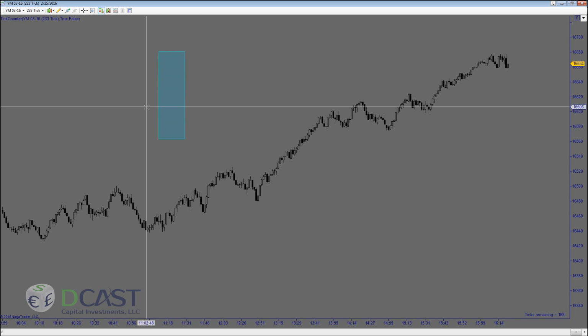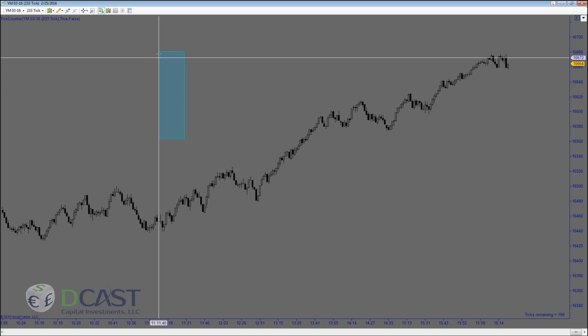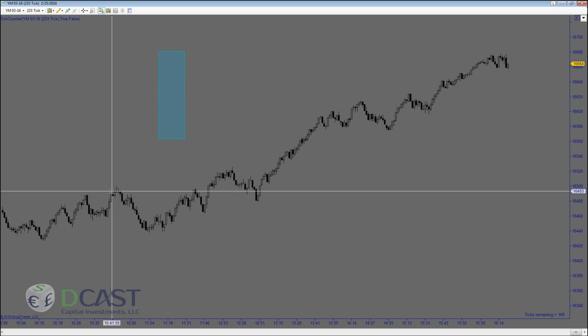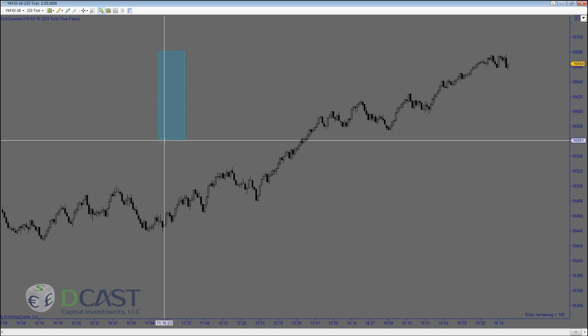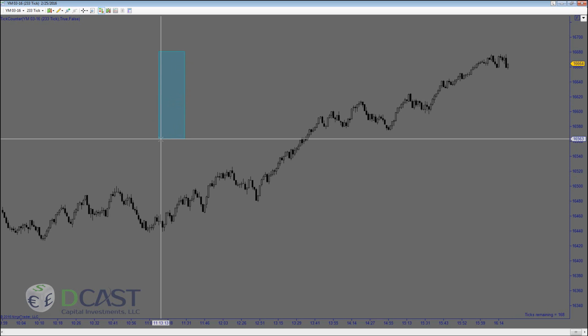Now, how is it that we can interpret the strength and weakness of each candle to help us form an opinion or have an expectation as to what is happening with price? So let's first assume that this candle, whether it's a 233 tick candle, a 5-minute candle, a 15-minute candle, whatever it is, is a battle between buying, the bulls and the bears.